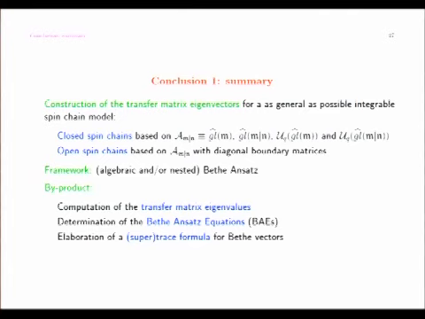For closed spin chains based on the Yangian of GLM or GLMN, for U_q of GLM or U_q of GLNM, and for the open spin chain for the same algebras but with diagonal boundary matrices, and using the analytical Bethe ansatz. So we computed the transfer matrix eigenvalues, the Bethe ansatz equations, and also the Bethe vectors, and we have a trace formula for these.